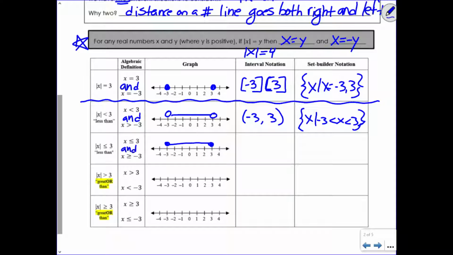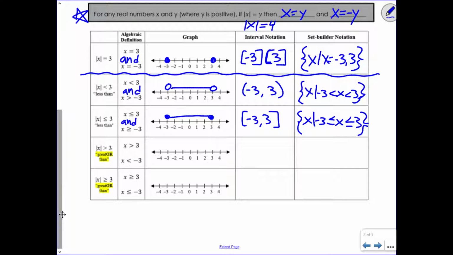Instead of parentheses, brackets, because I'm still going from negative 3 to 3, but now it's equal to those two numbers. And that was the only difference I would make with the set builder. You would just add the equal to underneath the inequality. These are virtually the same, you just have to remember to change it with the equals added into the picture here.